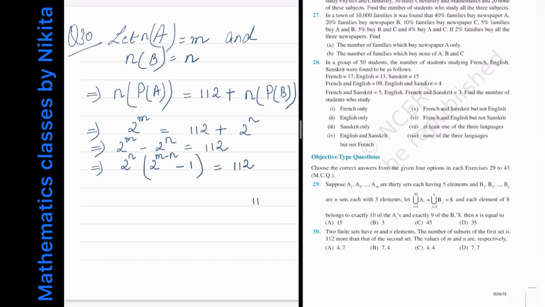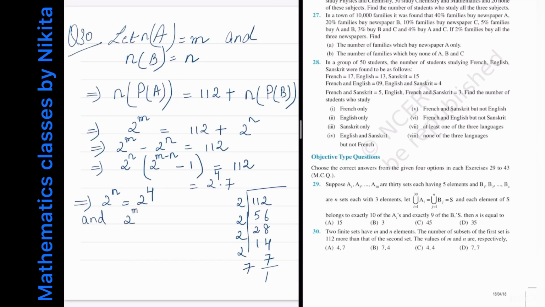Now let's write 112 in powers of 2. 2 into 56 is 112, then 2 into 28, then 2 into 14, then 2 into 7, so this is basically equal to 2 to the power 4 into 7. Now from here, 2 to the power n is equal to 2 to the power 4 and 2 to the power m minus n minus 1 is equal to 7. So we are equating the equations like this.